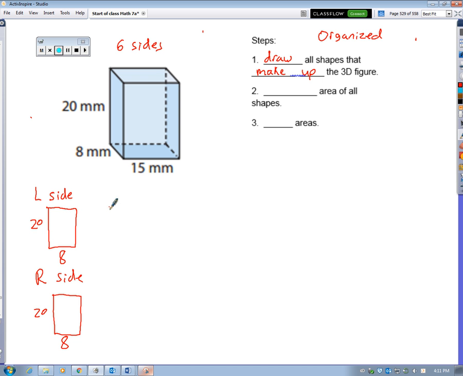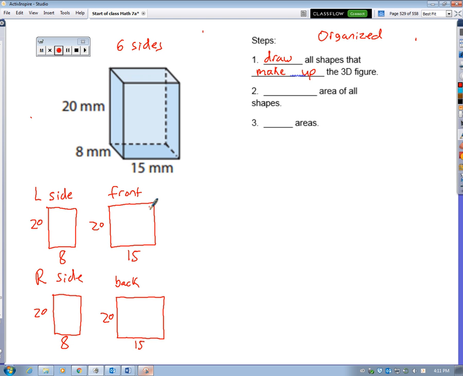The front has a bigger rectangle. The length is still 20 on this side, but the width is going to be 15. Along with the front goes the back, this piece behind here that we can't really see. We draw that rectangle out, same size, 15 by 20.